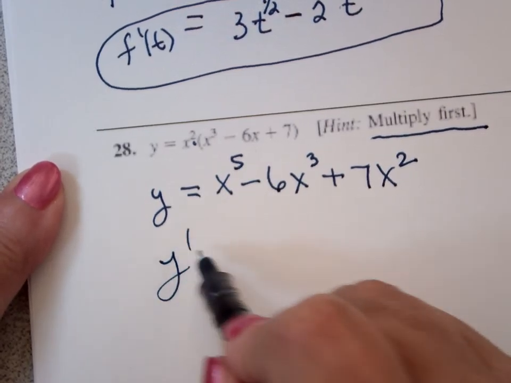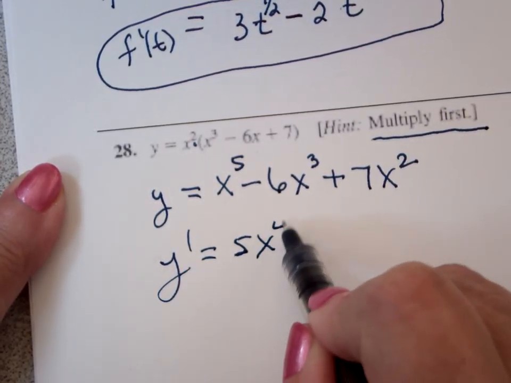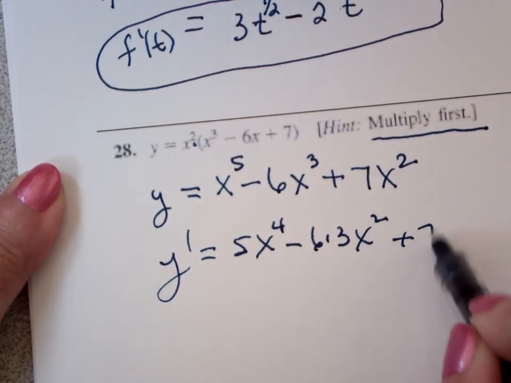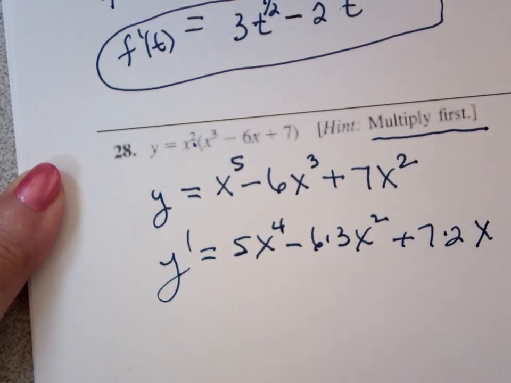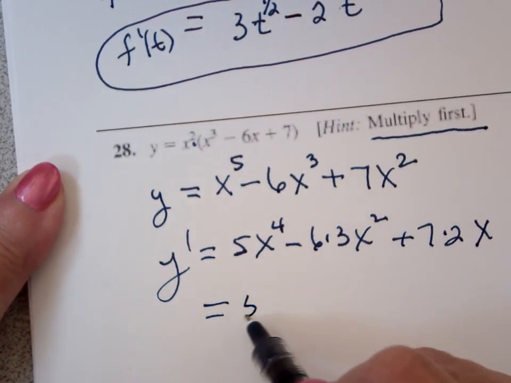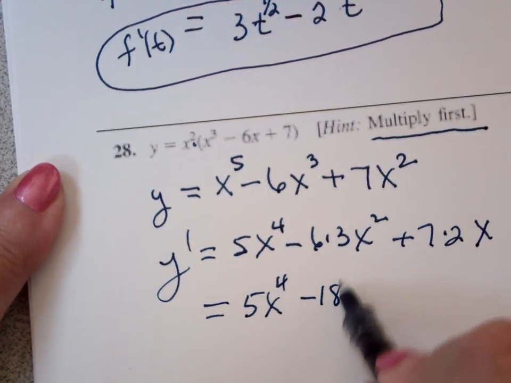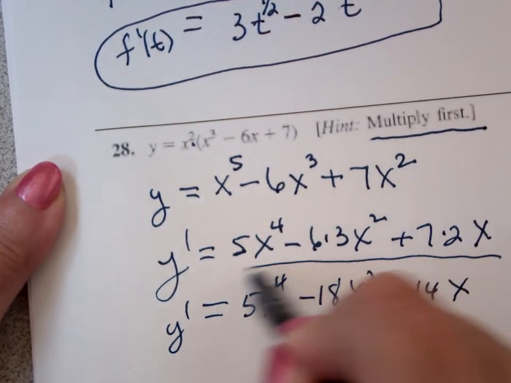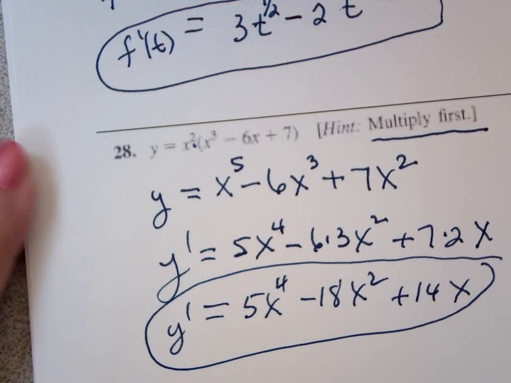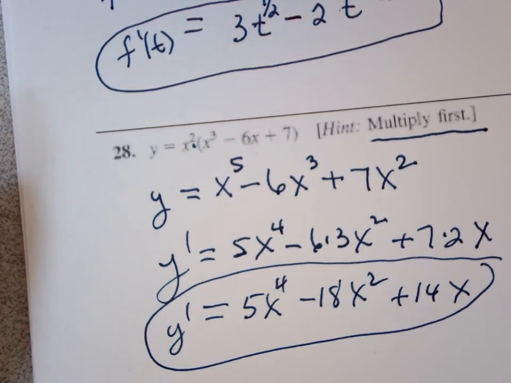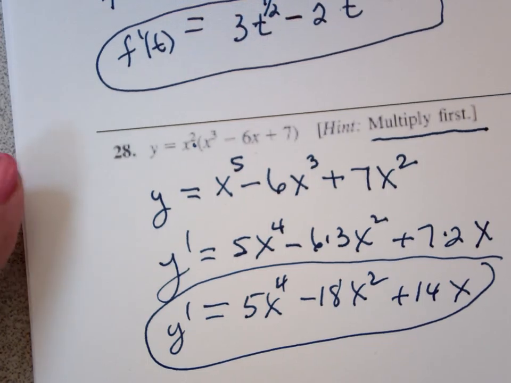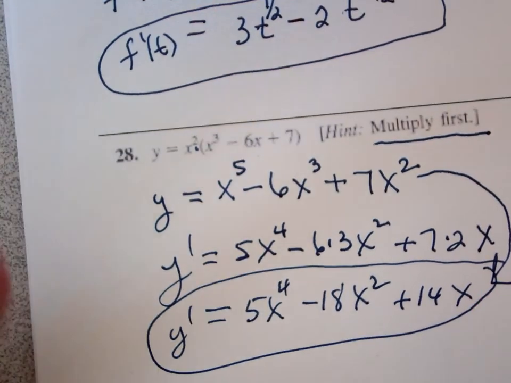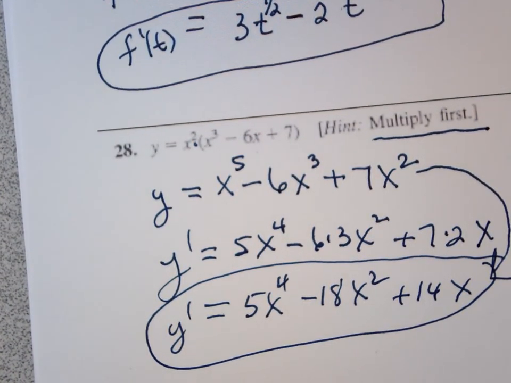So that y prime is 5x to the 4th minus 6 times 3x squared plus 7 times 2x, which is 5x to the 4th minus 18x squared plus 14x. That's y prime, and that's its derivative. Now, by the way, I personally skip that middle step. I go from here to here. So a lot of these things you can do in your head.